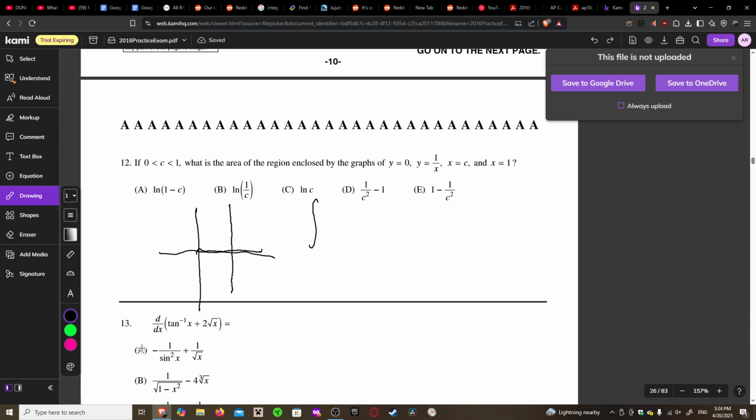Wait, no, I could just be doing this, c to 1, because that would just be an interval. And then 1 dx, which is just x from c to 1, 1 minus c.